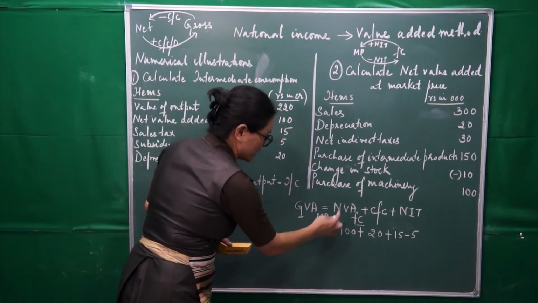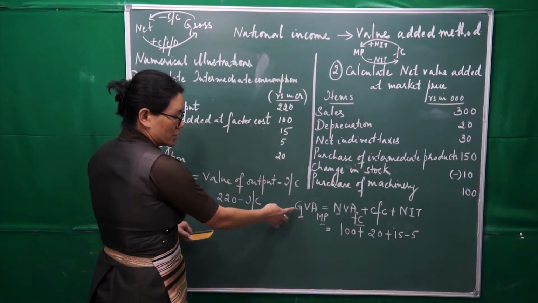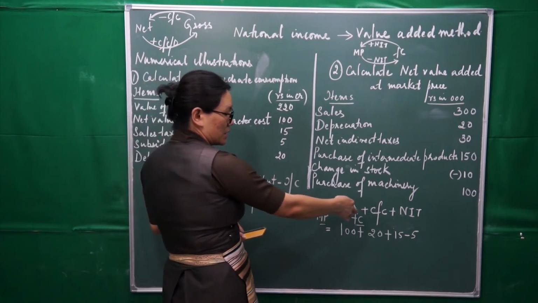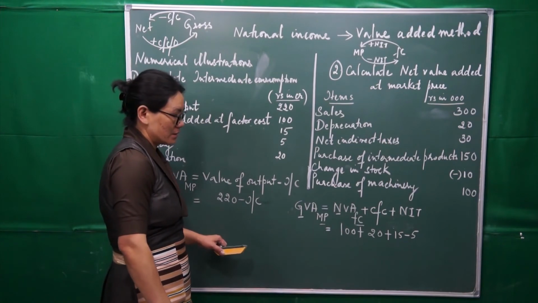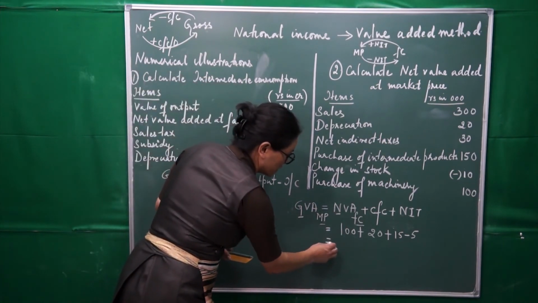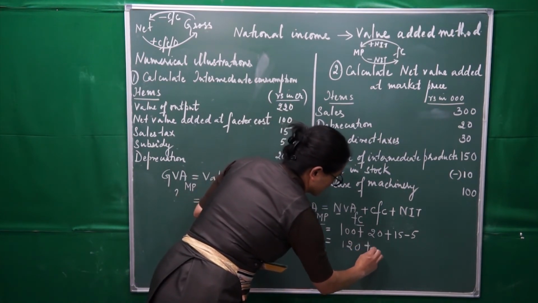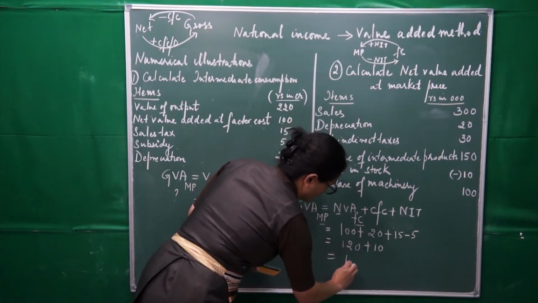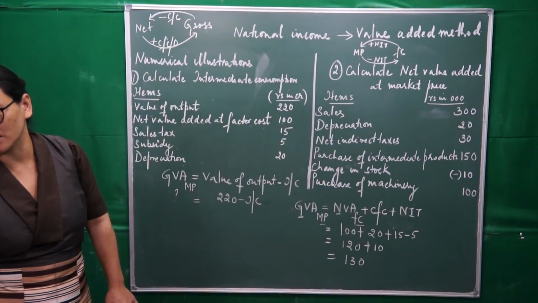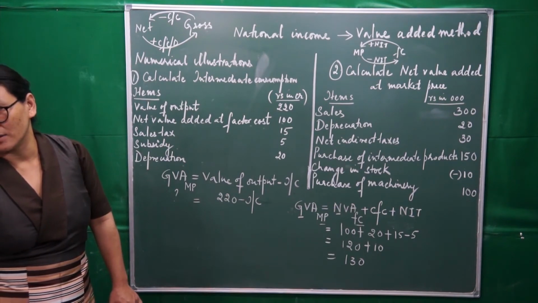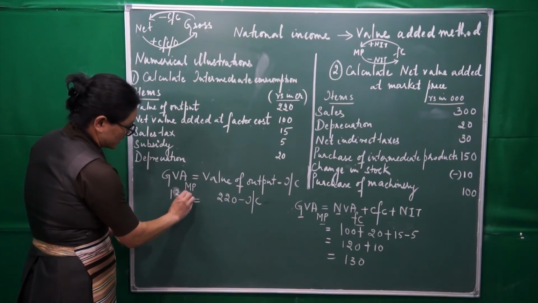So conversion is over, right? This one I have used and then I have converted it into this one by using the conversion concepts. Okay, so now here 120 plus 10 will be 130. Now it is very simple here. So we have here 130.